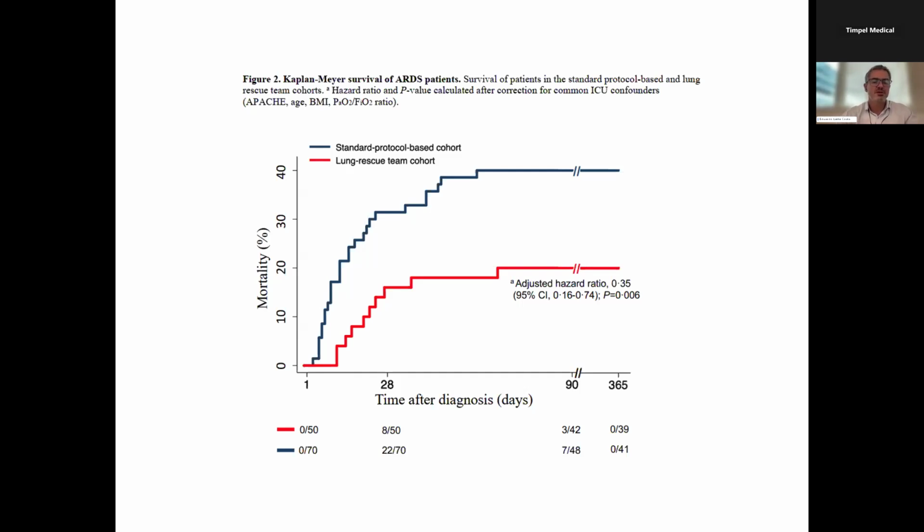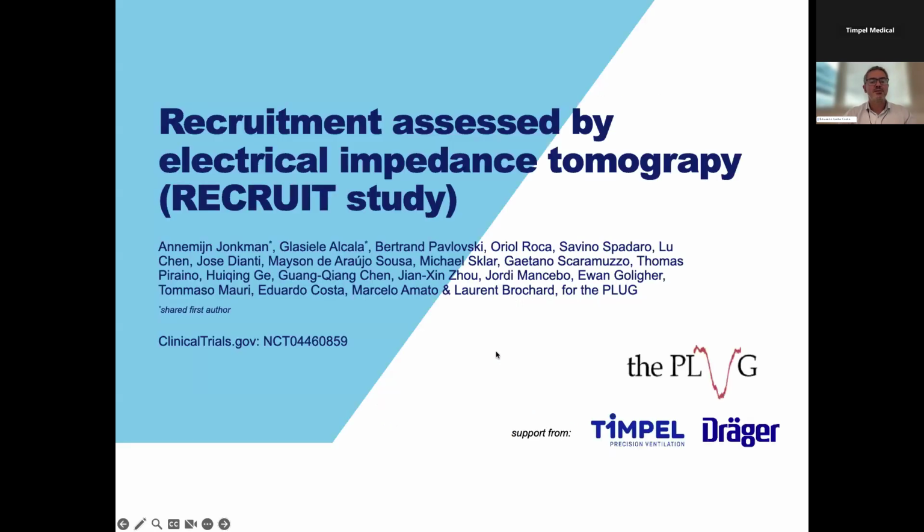And they showed, of course, this is observational, hypothesis generating, but they showed that there was a big difference in mortality after they started the lung rescue team.